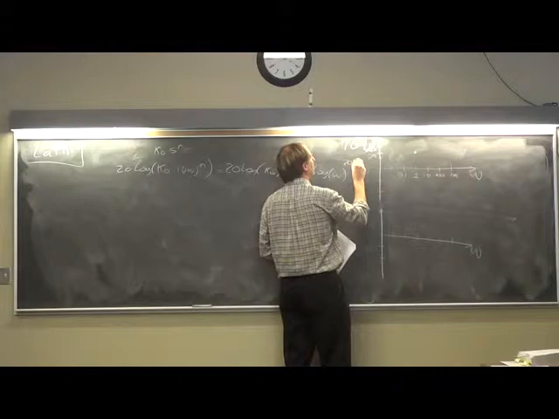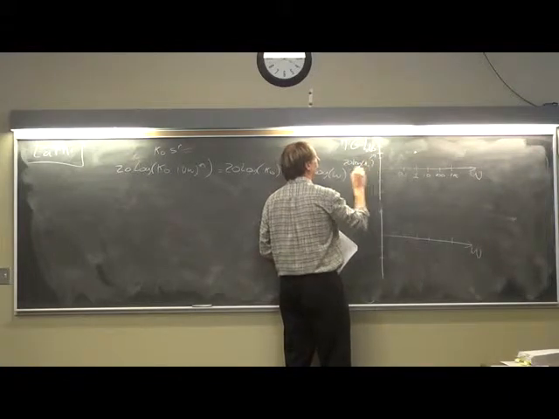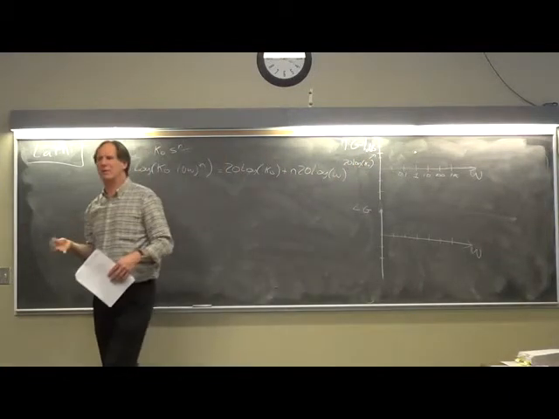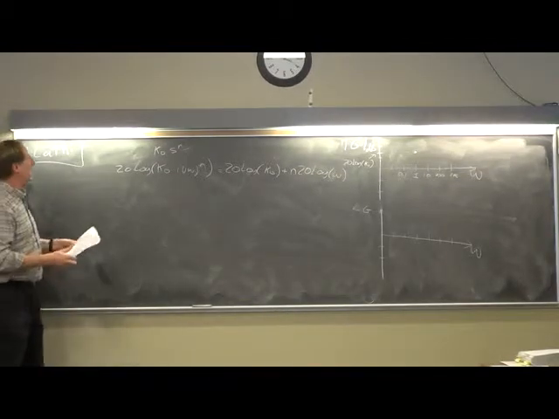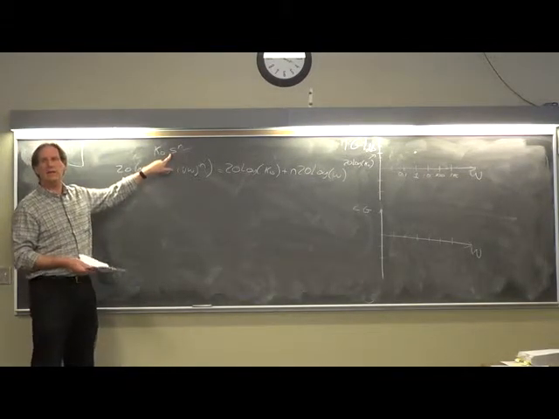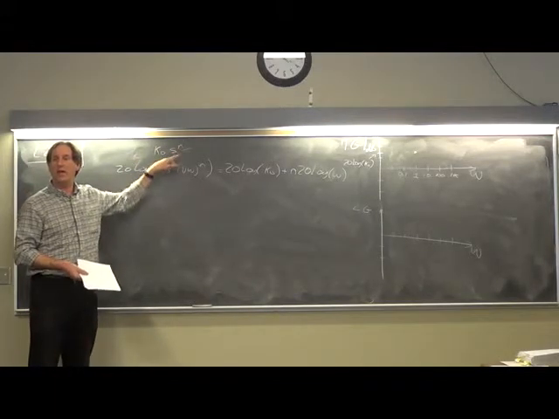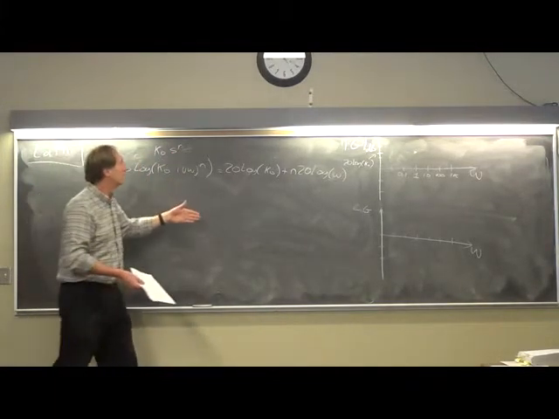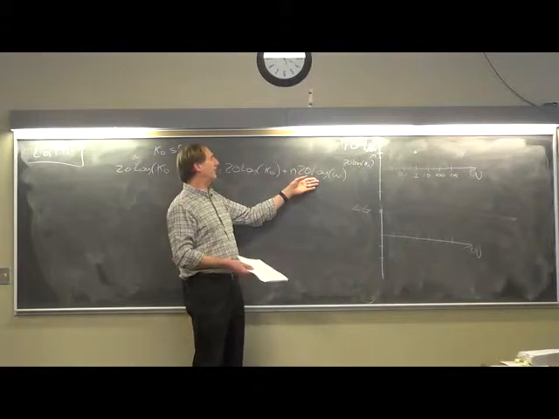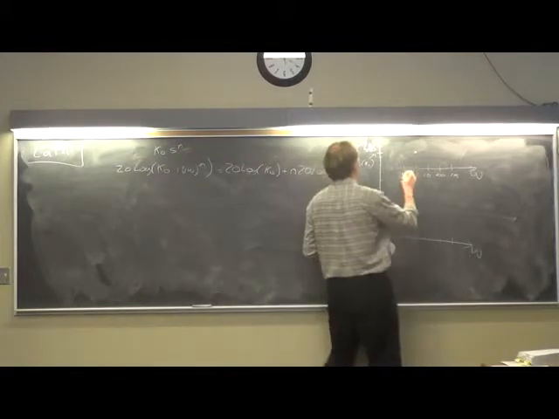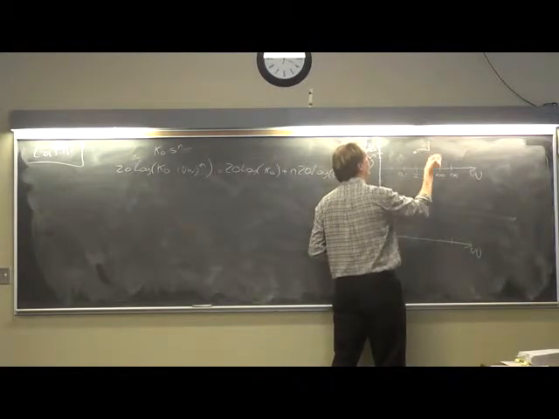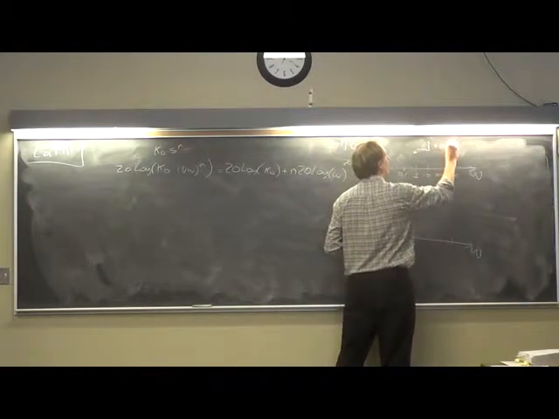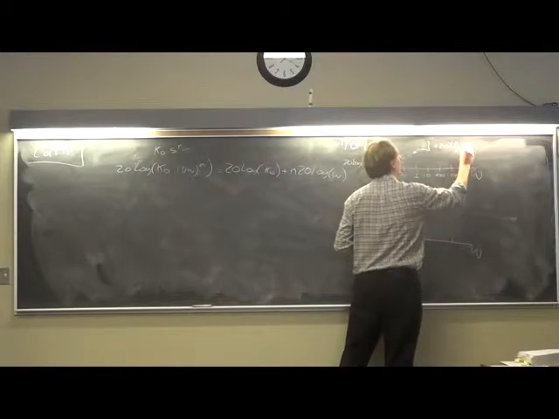It's 20 log K0. It's the gain of the system converted to decibels. Now, if we had a single 0 at the origin in the numerator, that means n equals positive 1, we're going to go up 20 decibels for every decade. This line has a slope of positive 20 dB per decade.